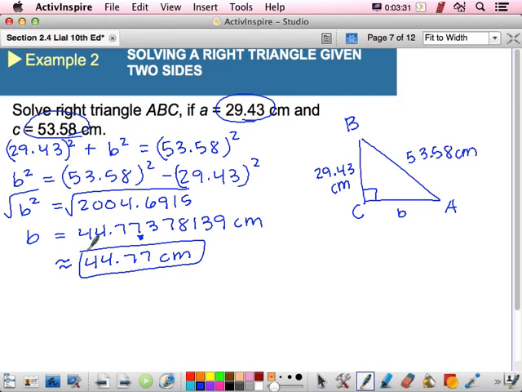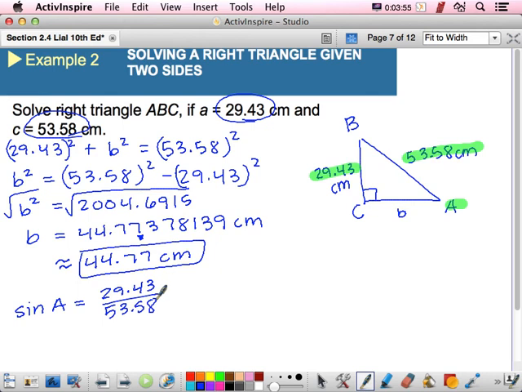So I need to know how capital A relates to these. And those are the opposite and the hypotenuse, so that's how we know we're going to use sine. So I'm going to write down sine of capital A equals opposite over hypotenuse, 29.43 over 53.58.